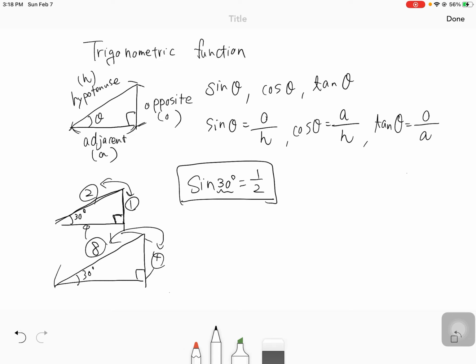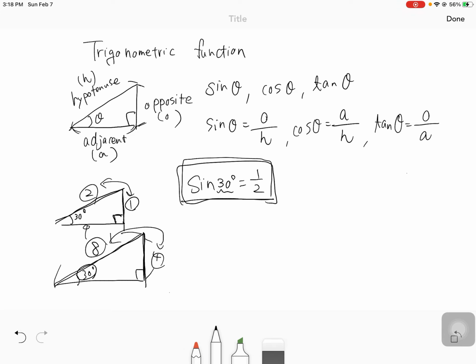So the hypotenuse would be twice as big as the opposite. That's why you need sine, cosine, and tangent. If you know the angle here, and if you know the length of one side, you can calculate all of the lengths. That's the advantage of using these trigonometric functions.